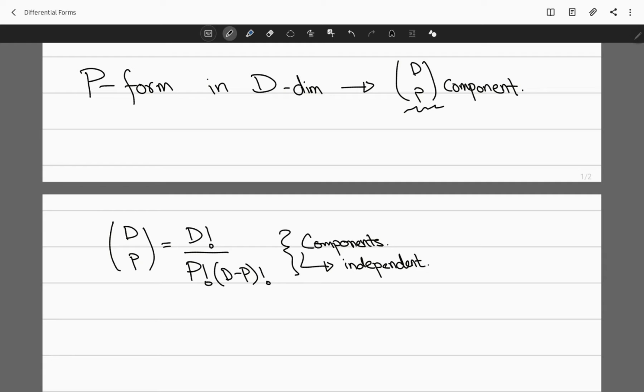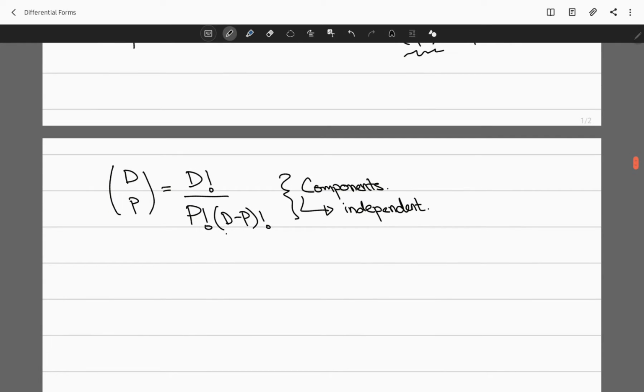Okay, now because of this D minus p, you might want to ask what would happen if you have p equal to D, right? If the p form is equal to the number of dimensions, then if you recall, what is 0 factorial? That is simply 1, right?